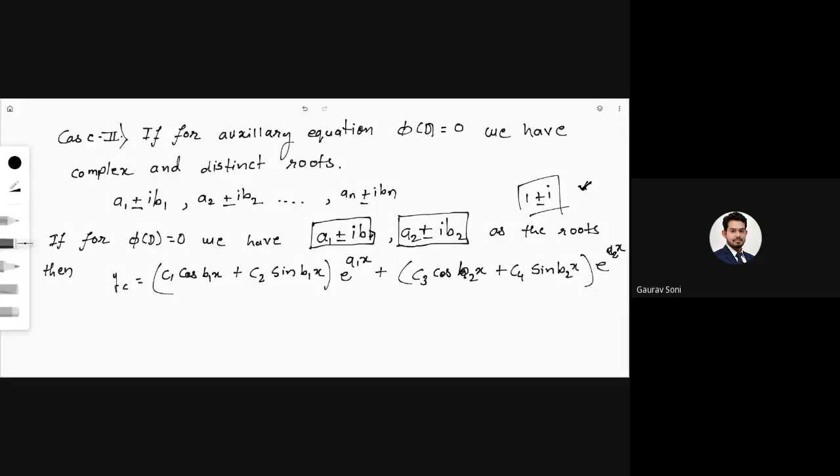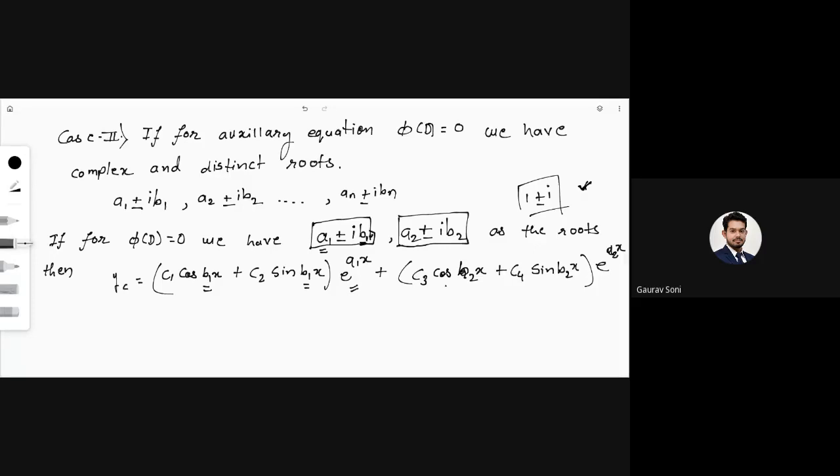So what we have done: if I have a1 plus ib1 as the root, then cos b1x, sin b1x. So the imaginary part comes with sine and cos. The imaginary part of this complex number is the thing with i, so b1 is with i. For this, b1 comes with cos and sine, and the real part a1 comes with e to the power a1x.